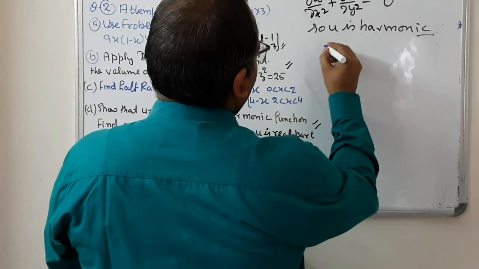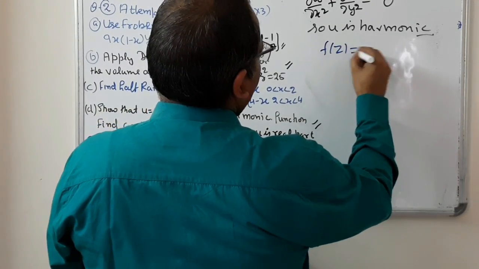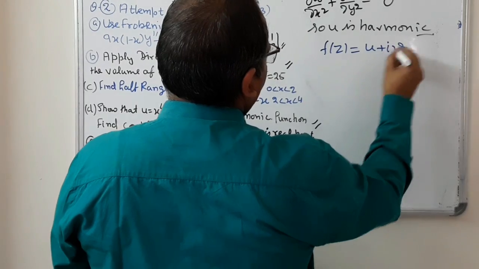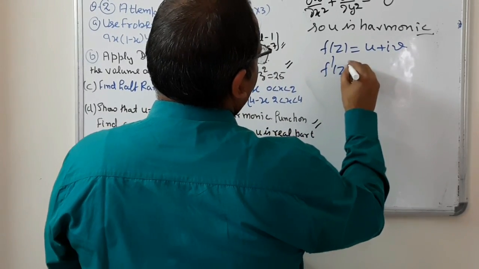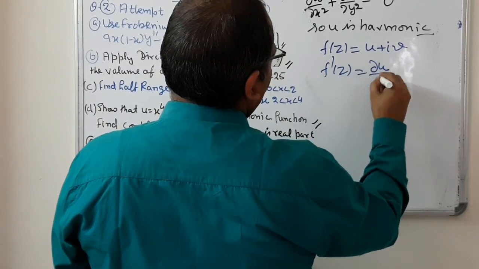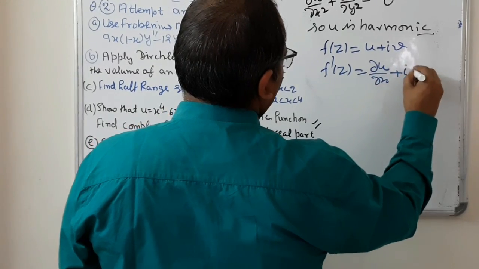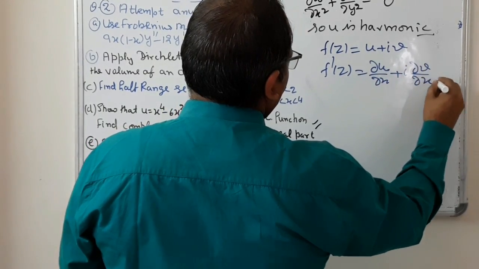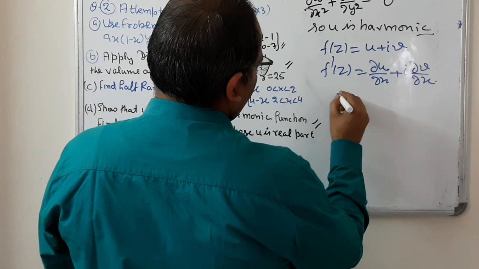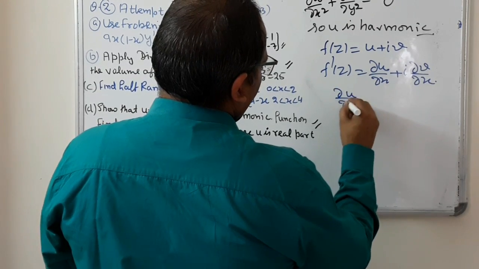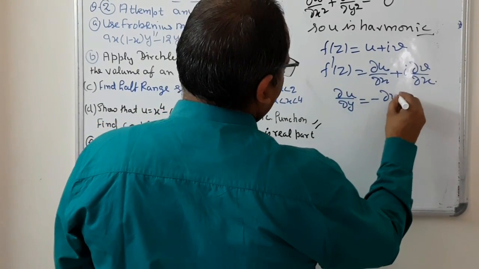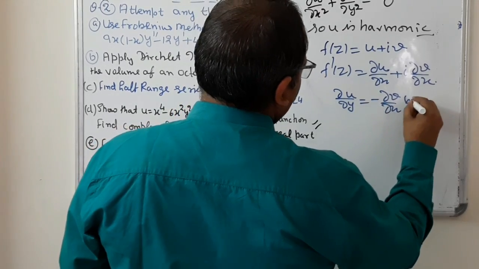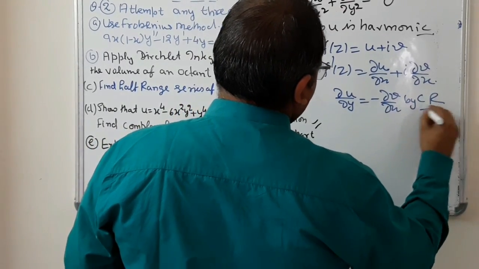So f of z we say u plus iv, f dash z can be written as del u by del x plus i del v by del x, and we know that del u upon del y is equal to minus del v by del x by CR conditions, right?